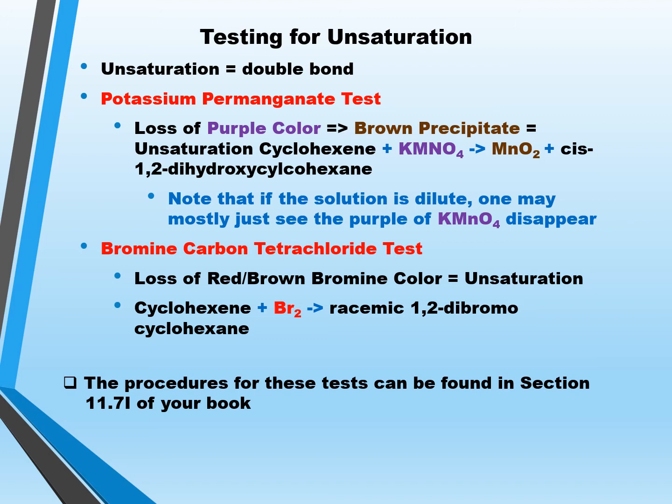If you add a sample alkene to potassium permanganate, you will find a brown precipitate formed, or if you use aqueous potassium permanganate, the purple color will disappear as a confirmation result of the experiment.